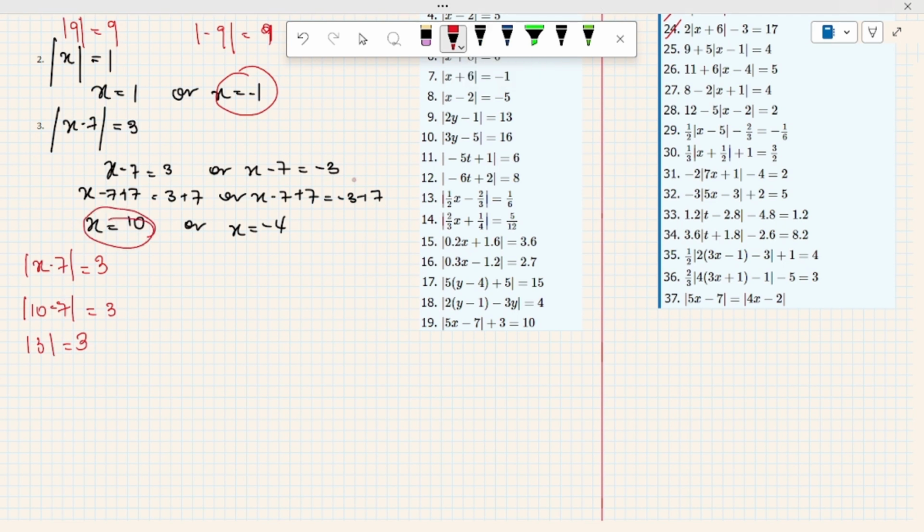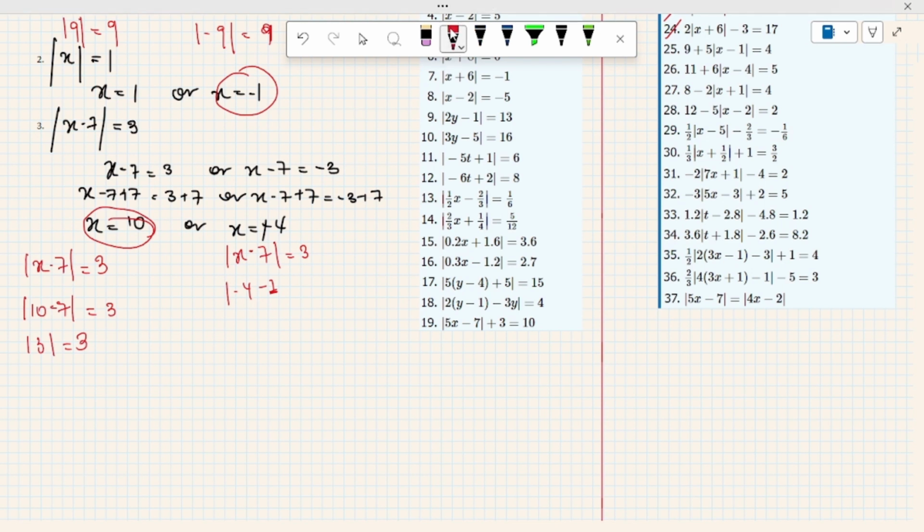So let's go to the second one. The second one says that absolute value of x minus 7 is equal to 3, right? So in the place of x, we put 4. Now our answer is not negative 4, it's positive 4 here, because negative 3 plus 7 is positive 4, right?